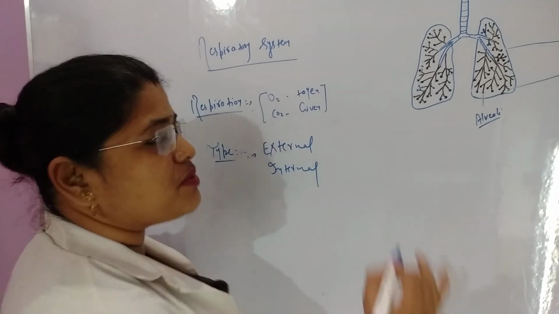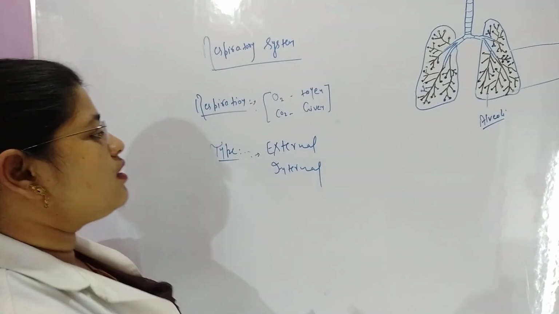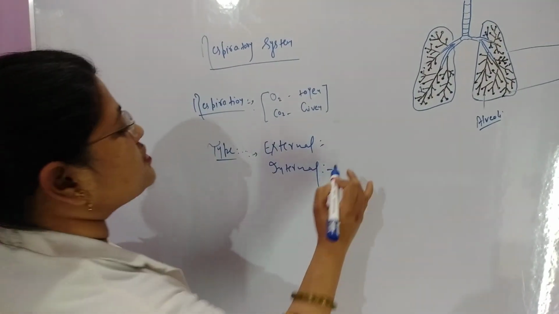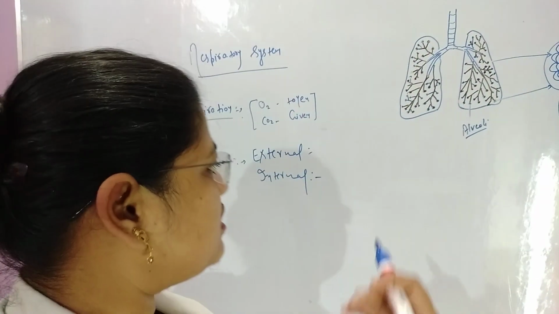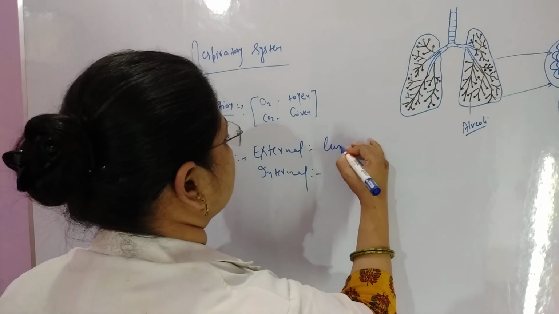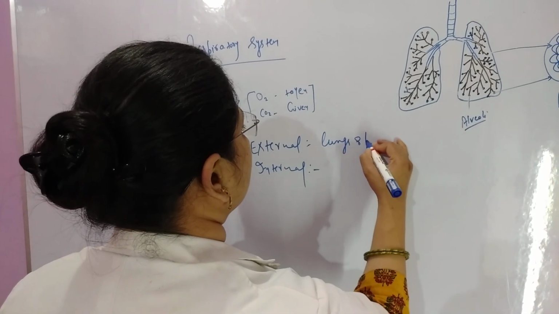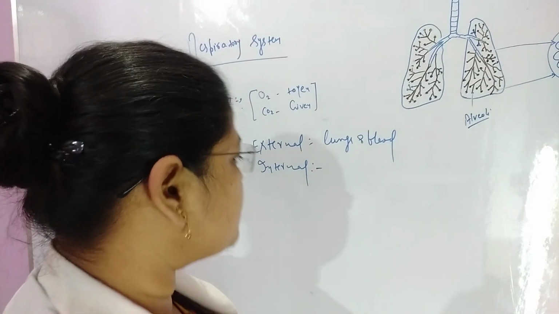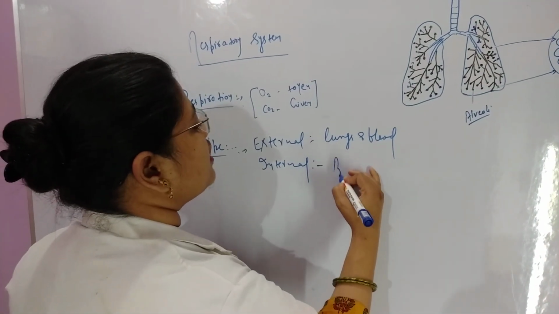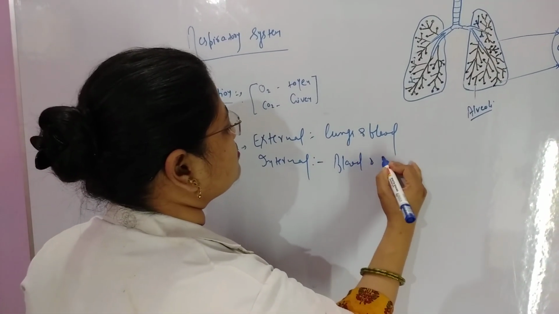In external respiration, gaseous exchange takes place between lungs and blood, while in internal respiration, gaseous exchange takes place between blood and tissues.